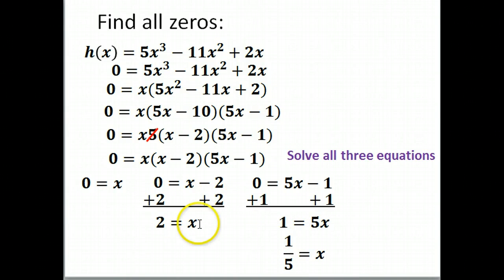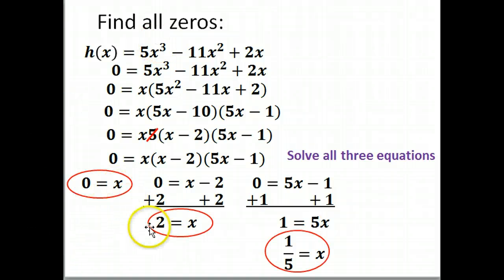The computer helps with that, obviously. Now I find out that x equals 2, x equals 1/5, and x equals 0. So my answer, if I'm asking you to find all three zeros, would be 0, 2, and 1/5. Typically you would write those in ascending order: 0, 1/5, 2.